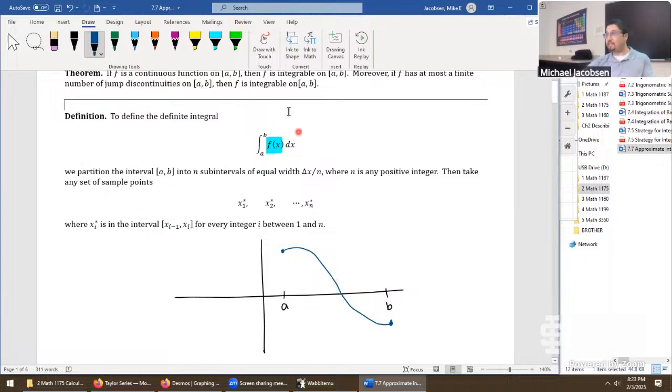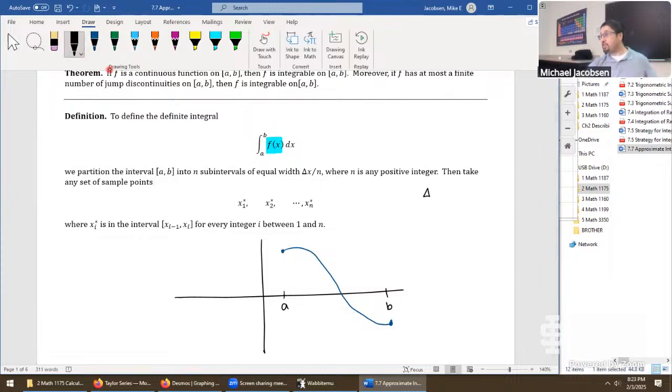So we would like to integrate that function. We say integrate from a to b to refer to the signed area under the curve. It's going to be mostly positive because of this region being greater in area than this region visually. But to make this happen, we do a partition into n subintervals of equal width delta x.